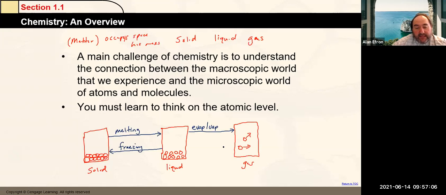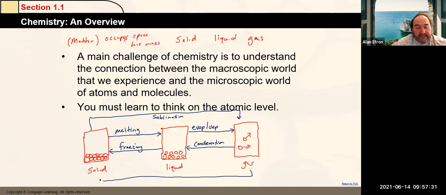And if we go from gas back to liquid, that is the process of condensation. We could also go, as you may be familiar with, from solid directly to gas, skipping the whole liquid part of it. And that is what is referred to as sublimation. And lastly, we could go from gas, again skipping liquid, back to solid. And that is what is known as condensation.